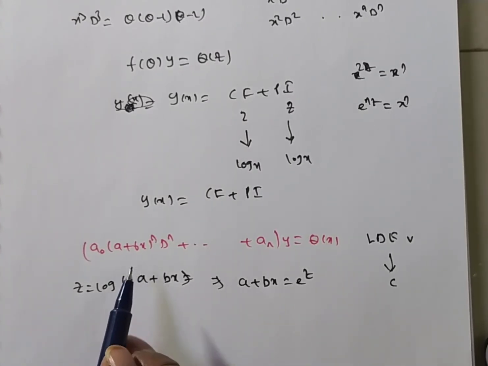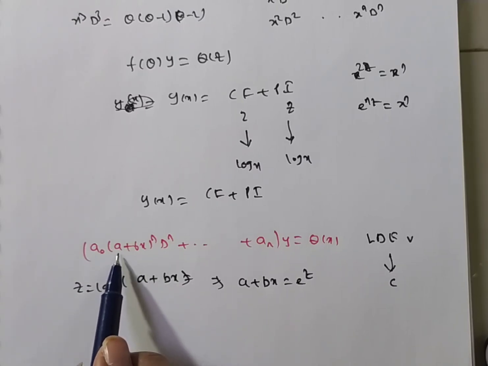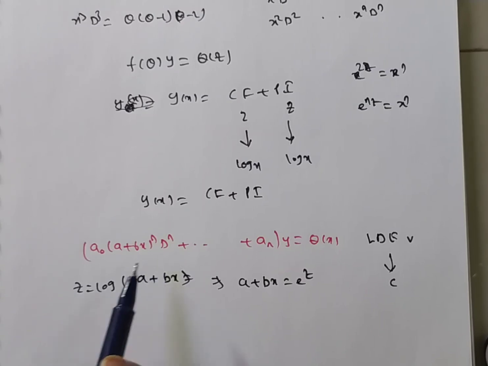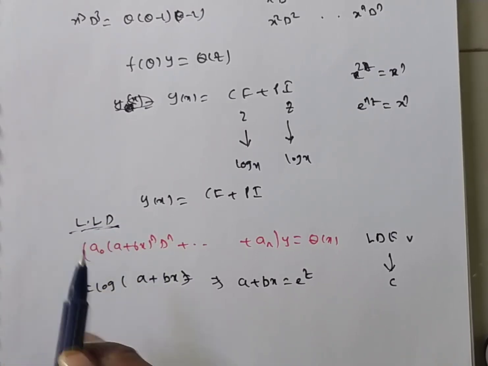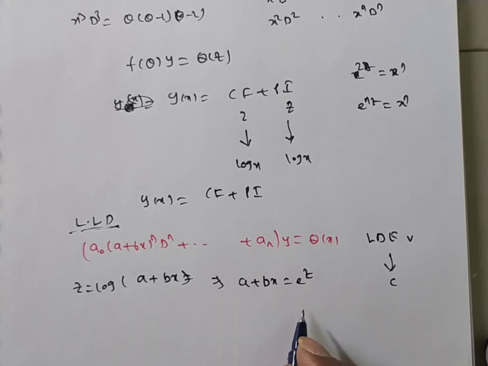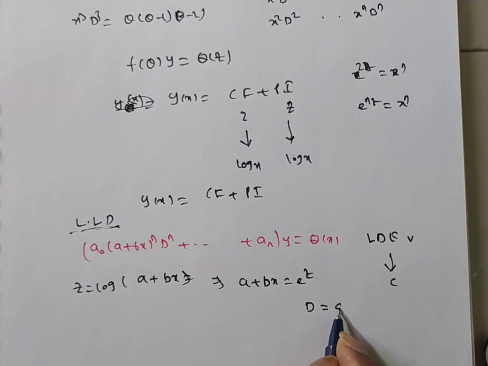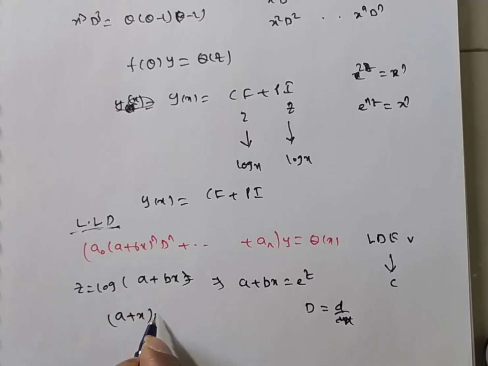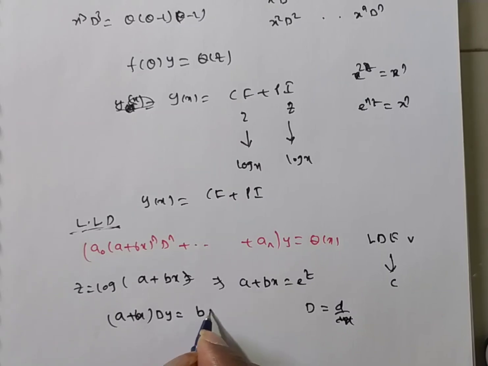Now we have to replace this. You observe that the index of (a plus bx) and the order of the derivative are the same in the Legendre linear differential equations. Now we are replacing z is equal to log of (a plus bx). Similarly, D is nothing but d by dx, and now we are changing x in terms of z, so the derivative also we have to change in terms of z. (a plus bx) into Dy we write as b into theta y.